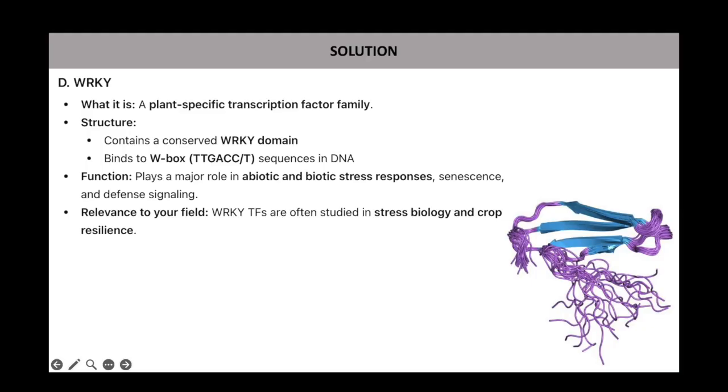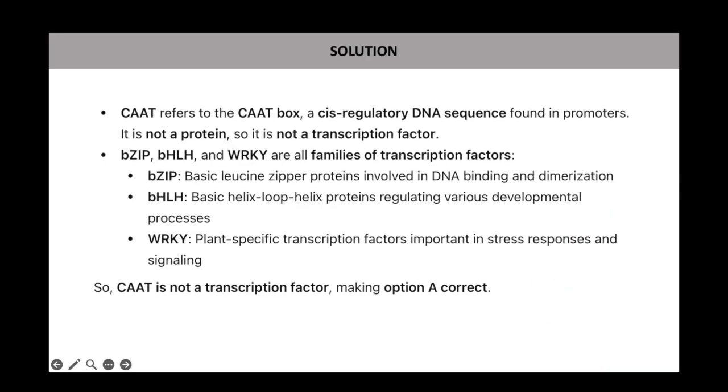The function of WRKY is that it plays a major role in both biotic and abiotic stress responses, in senescence, and in defense signaling. WRKY is often studied in stress biology and crop resilience as well. So, according to the question, CAAT refers to the CAAT box, which is a cis regulatory element found in the promoter.